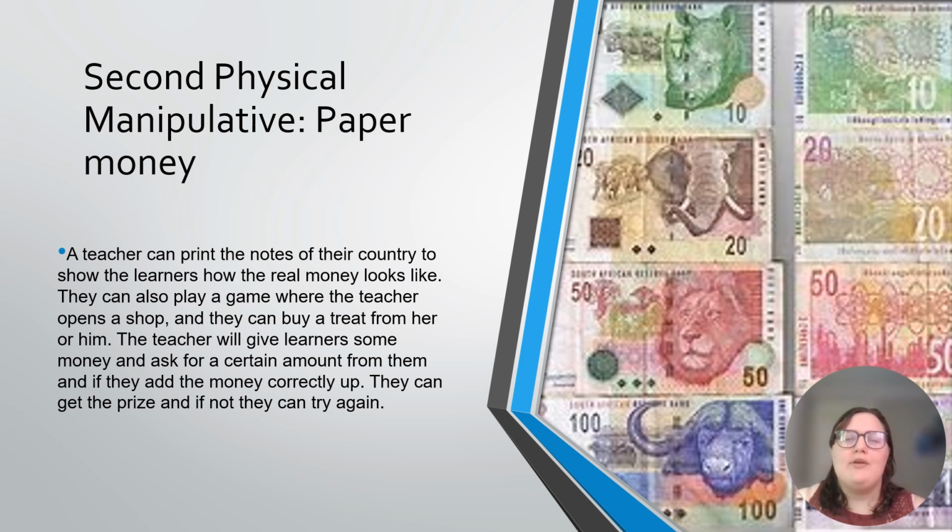The teacher will give learners some money and ask for a certain amount from them, for example, 15 Rand. And if they add the money up correctly, they get the prize, which is a treat or something. But if they can't, they go back of the line and they try again until they can. This manipulative can teach learners how to use real money, which is useful in the real world.